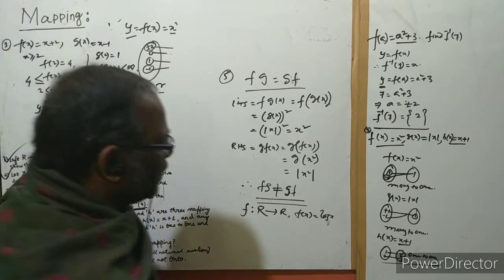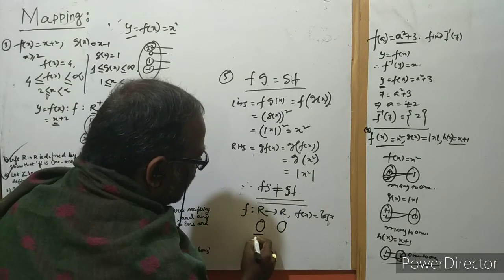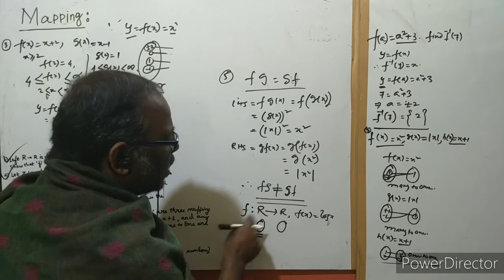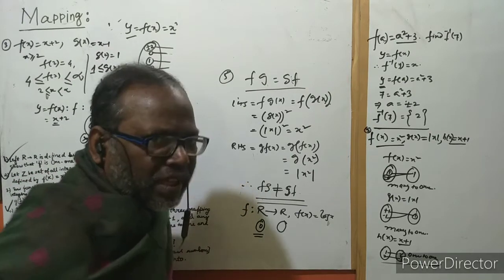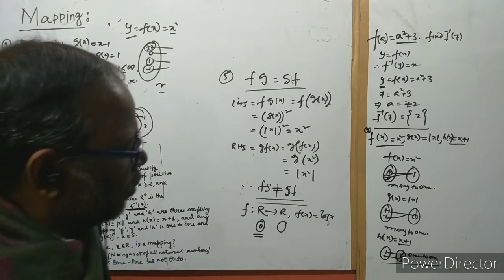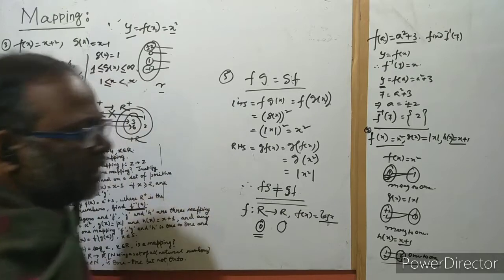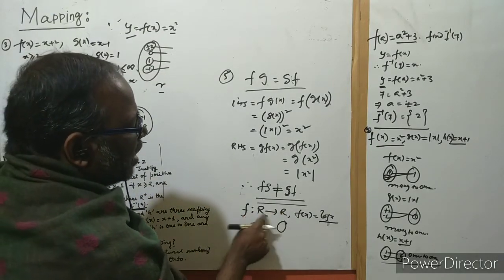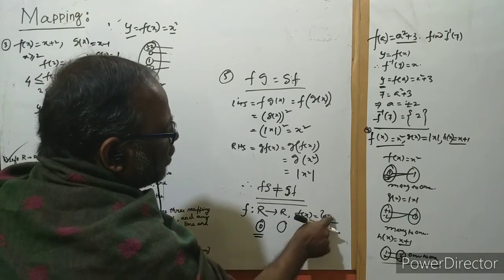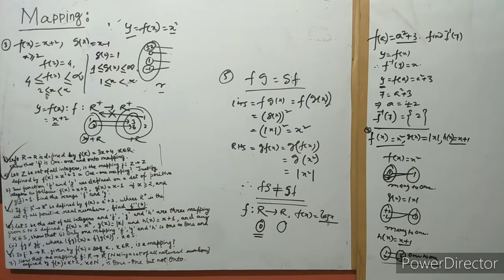But in the domain, and this is your codomain, each and every value must satisfy this function. But here, if 0 or a negative number, it does not satisfy this function. So f of x equal to log x from real numbers to real numbers is not a function. That is the definition of a function.